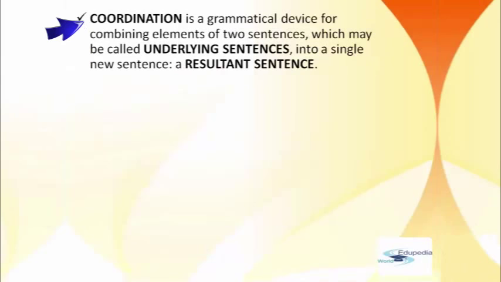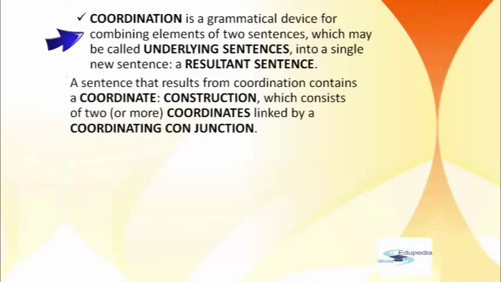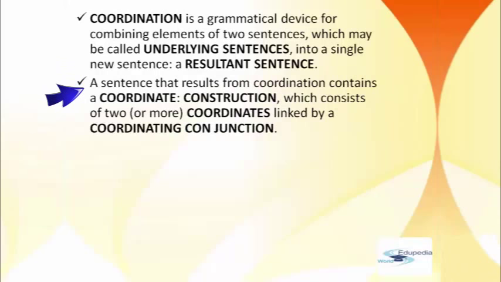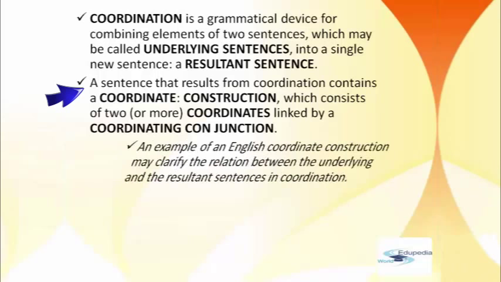Coordination is a grammatical device for combining elements of two sentences, which may be called underlying sentences, into a single new sentence, a resultant sentence. A sentence that results from coordination contains a coordinate construction, which consists of two or more coordinates linked by a coordinating conjunction.